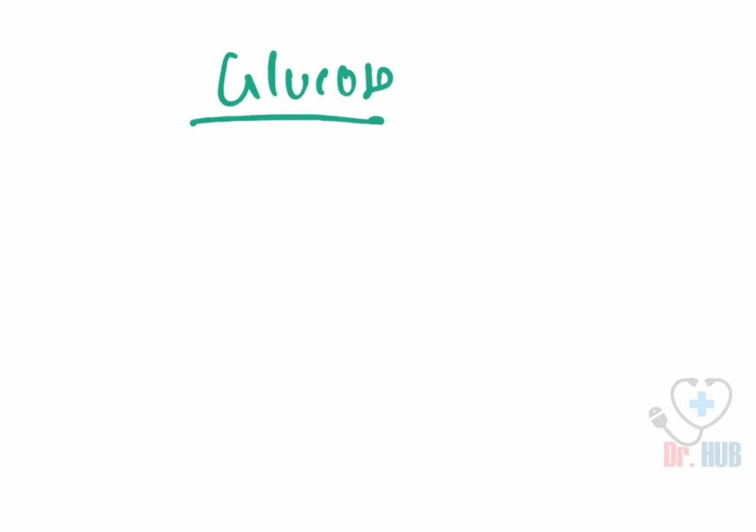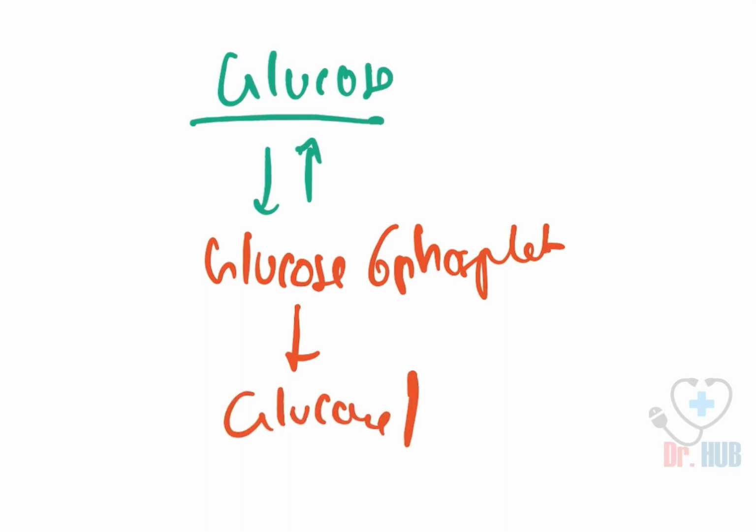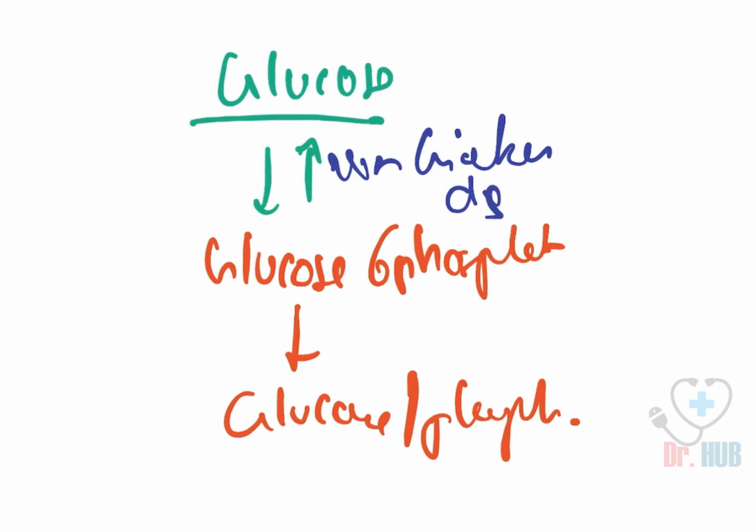Firstly, the glucose gets to the glucose 6 phosphate, and this goes to the glucose 1 phosphate. And the disease involved here between the glucose and glucose 6 phosphate is nothing but the von Gierke's disease.